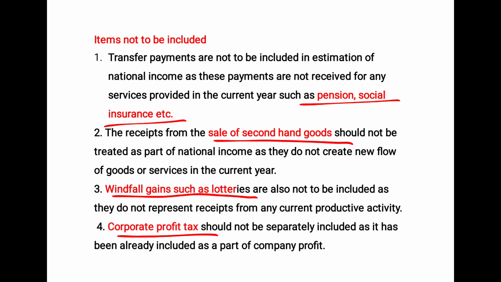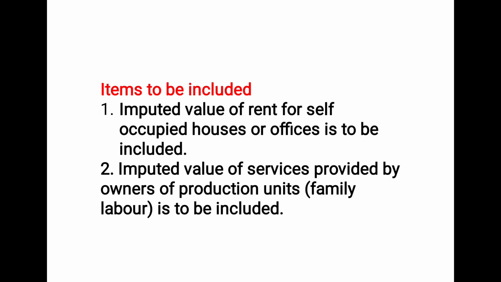Next are the items to be included. What are the items to be included? Imputed value of rent for self-occupied houses. Some people will be running their own business at home. That income also should be included. That is, they do not hire a shop or do business elsewhere; they do it at their own homes.